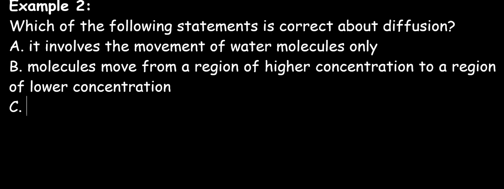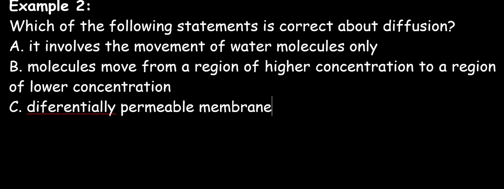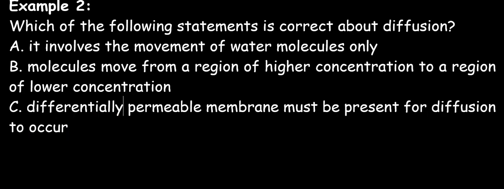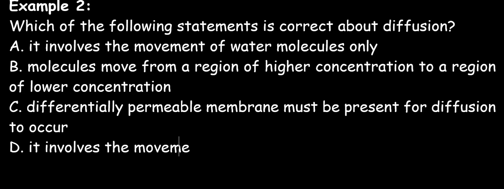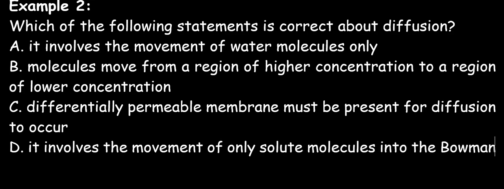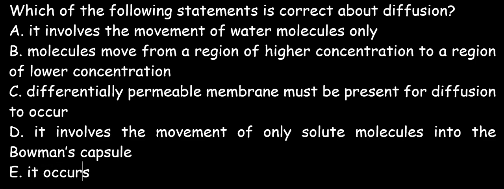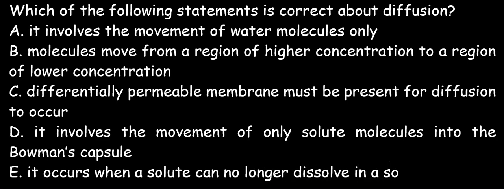C. Differentially permeable membrane must be present for diffusion to occur. D. It involves the movement of only solute molecules into the Bowman's capsule. And E. It occurs when a solute can no longer dissolve in a solvent.